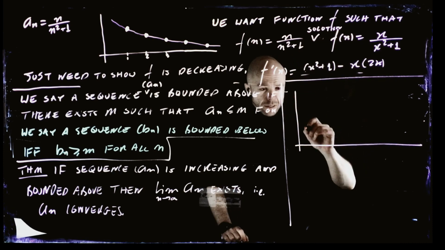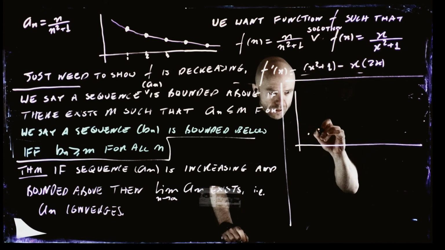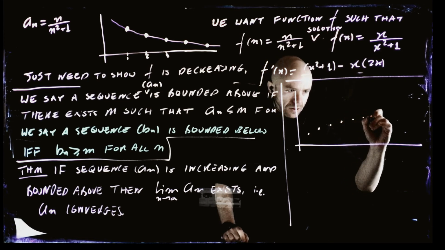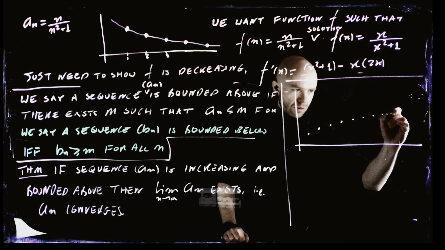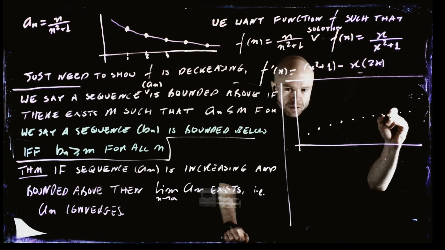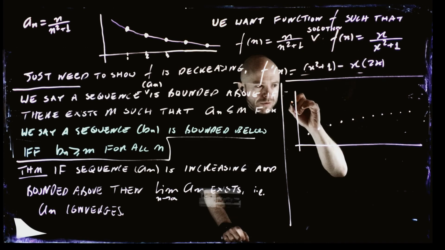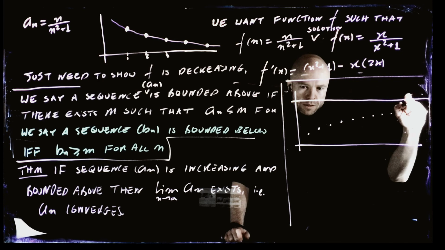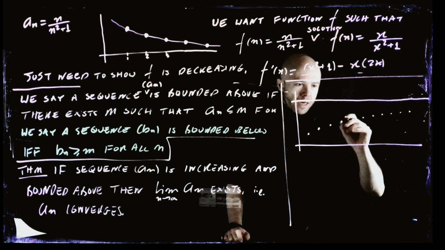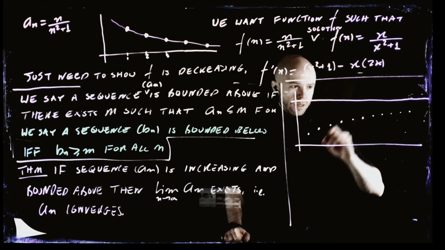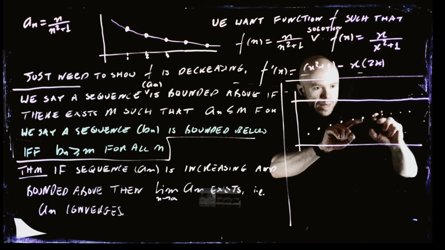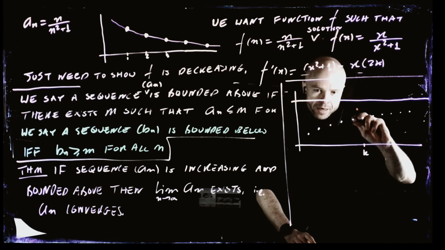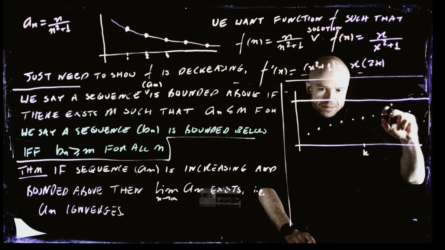So we have something that's increasing, like this. But it's bounded above. Let's think about what is going to happen. If this is, say, a_k, then the next one is a little bit up, the next one is a little bit up, and so on.